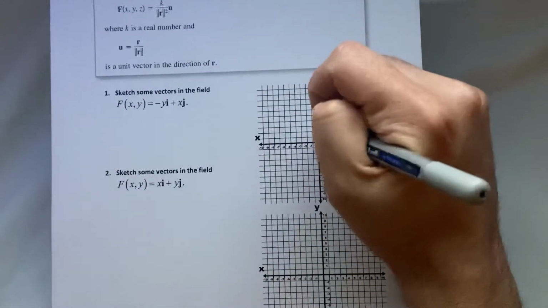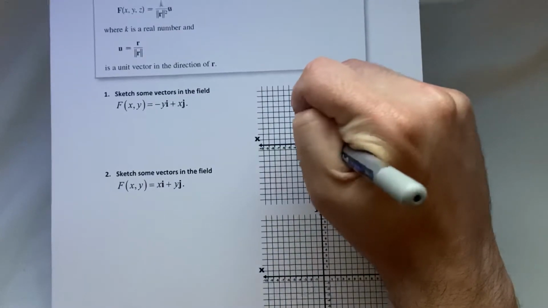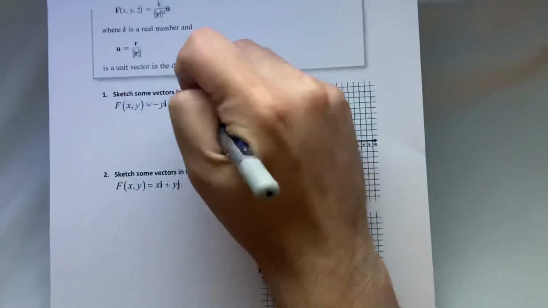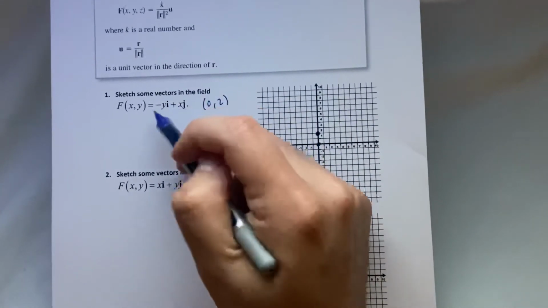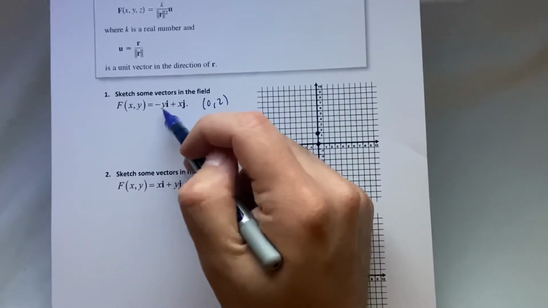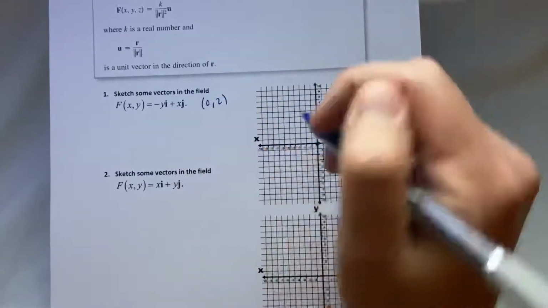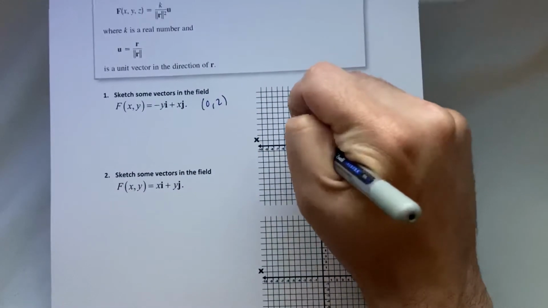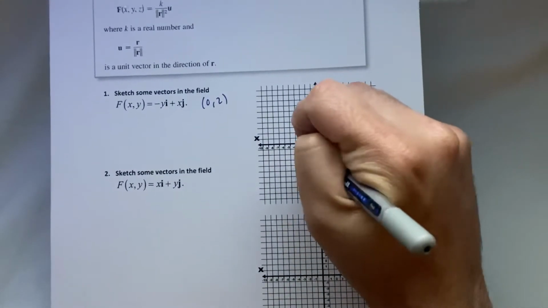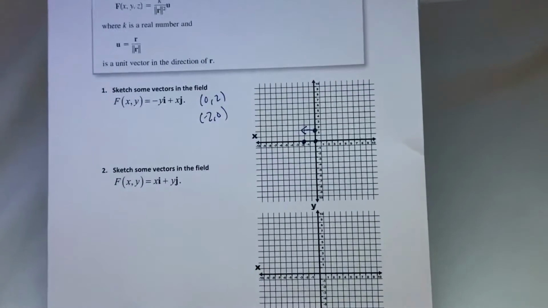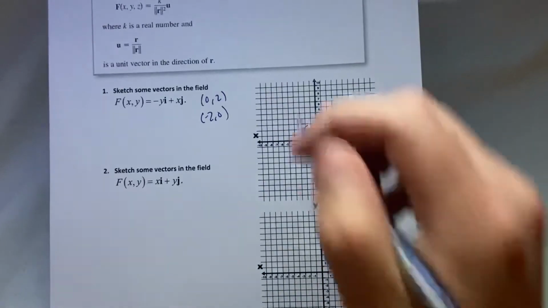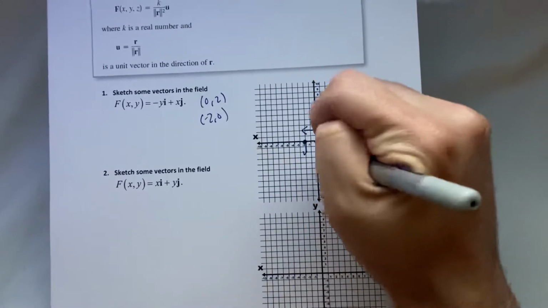But let's look at the point, for example, (0, 2). At the point (0, 2), y is 2, x is 0. That means my vector is negative 2i plus 0j, or going to the left 2. At (-2, 0), it's 0i minus 2j, or going down 2.